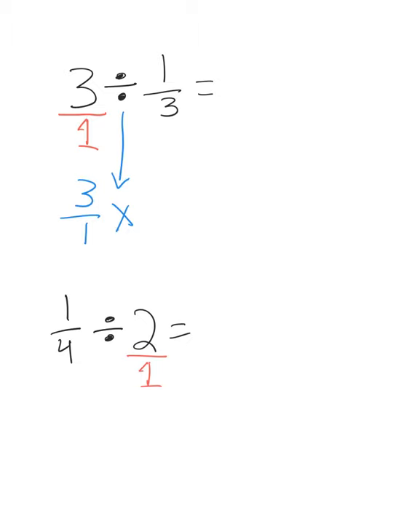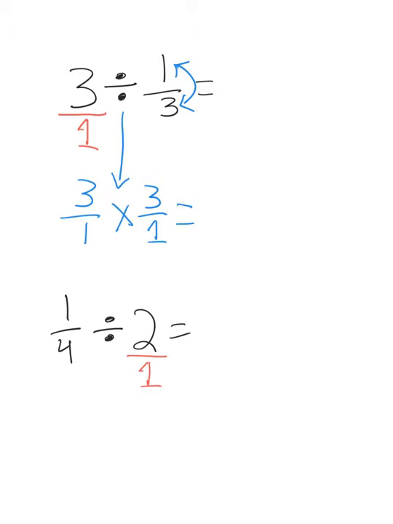So if I multiply 3 over 1 by the opposite, another way to say that is by the reciprocal, I can end up getting my answer. See, the opposite of 1 over 3 is 3 over 1. That might seem complicated, but if you can remember to just flip over the second fraction, you'll be okay.